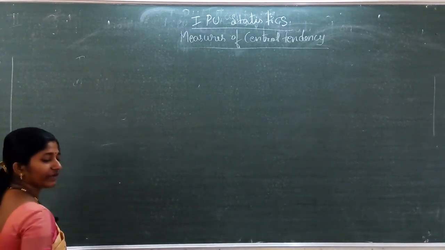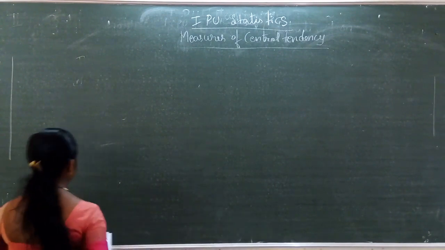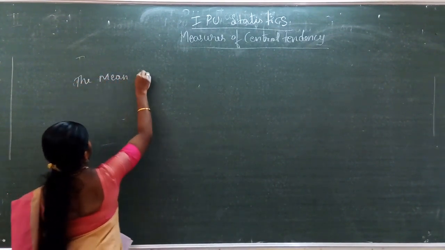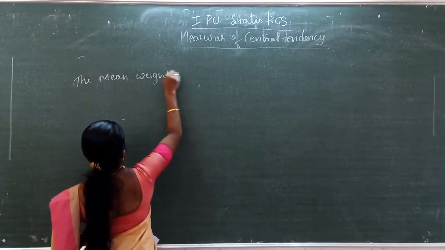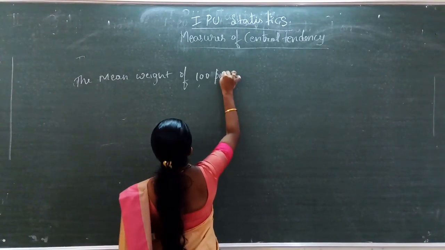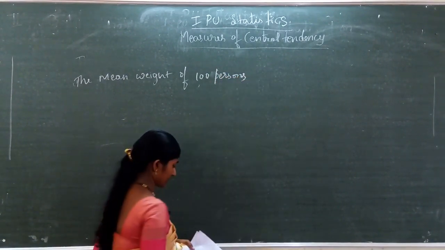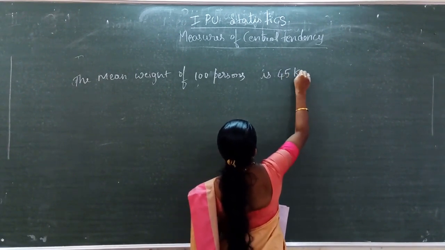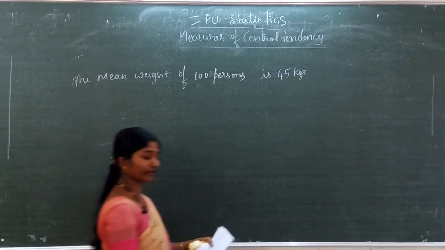Here, the mean weight of 100 persons is 45 kgs.